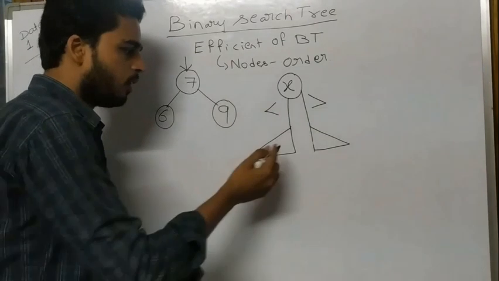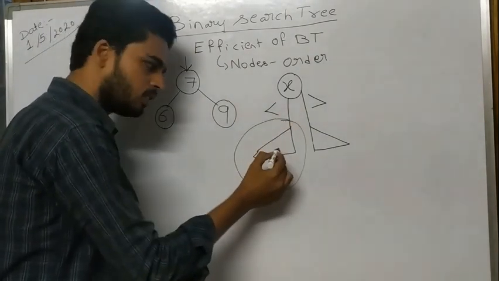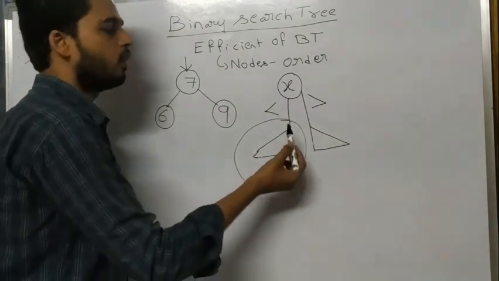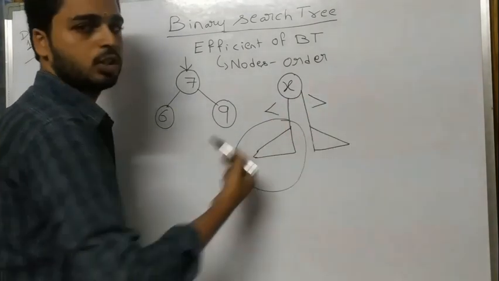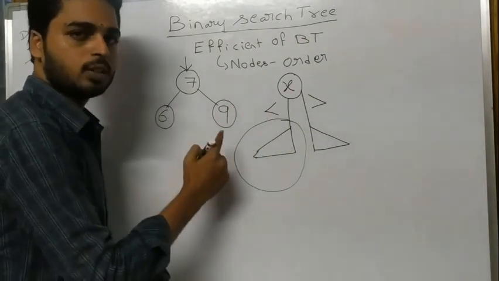And every subtree should also follow the same property. Then we can call this a binary search tree, and this binary search tree will allow duplicates also.